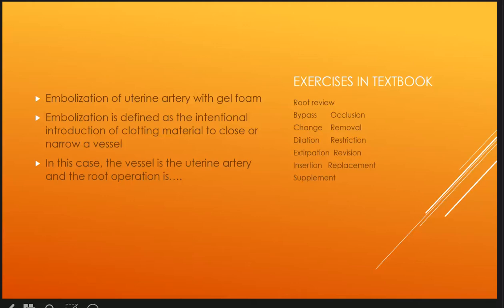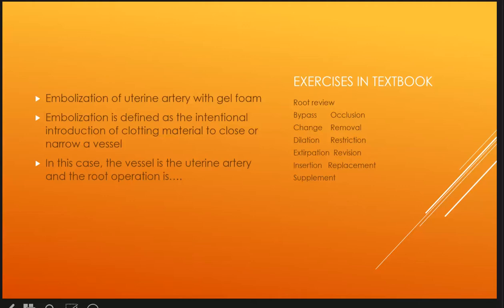The first exercise is the embolization of the uterine artery with gel foam. It's helpful if you fully understand or review what is meant by the word embolization. Embolization is defined as the intentional introduction of a clotting material to close or narrow a vessel.